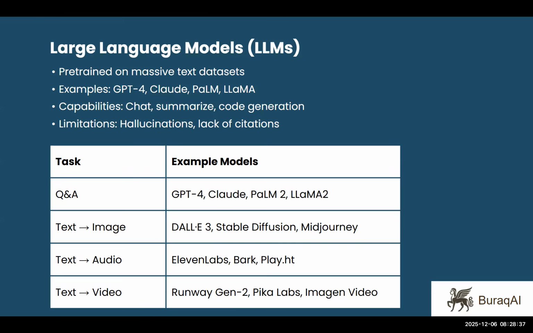ChatGPT is an application or a chatbot which connects to an underlying LLM to get answers. So whatever question you ask, it sends to the LLM, the large language model, and gets the answer for you. So it's just like a wrapper around, to communicate with the LLM models.